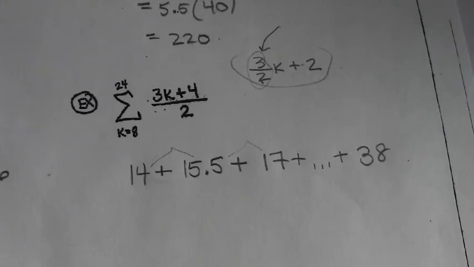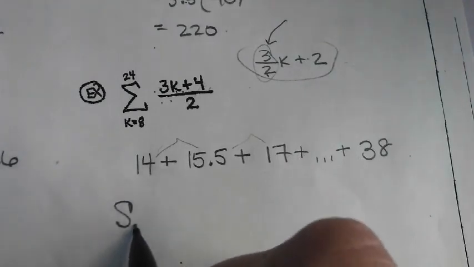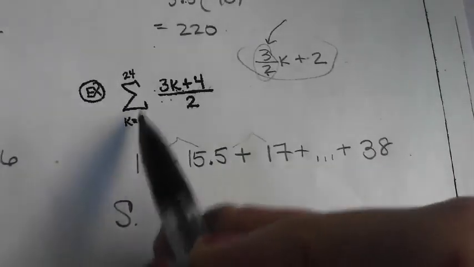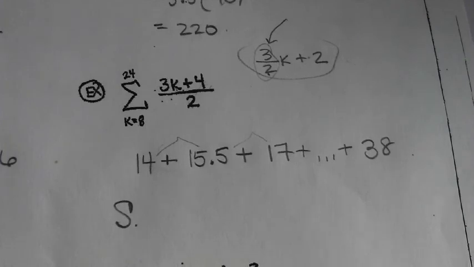So I've realized it is arithmetic. I'm adding them all up. Use my arithmetic series formula. S sub, here's the big question mark. How many terms is this? If you plug in from the 8th term to the 24th term, what'd you say, Bo? 17. It's tempting to want to say 16 because that's the difference.